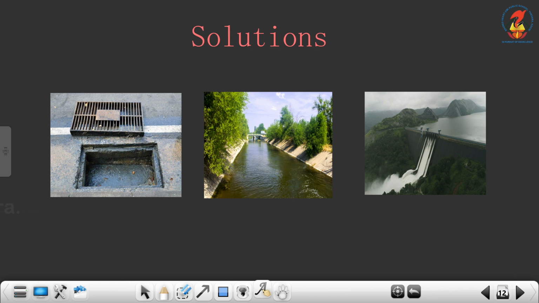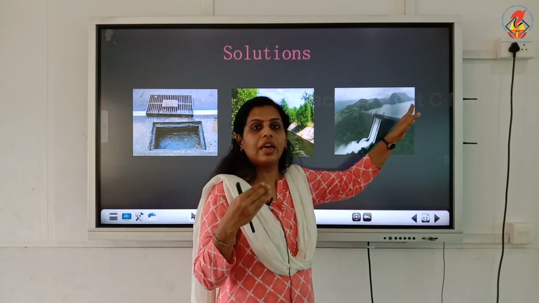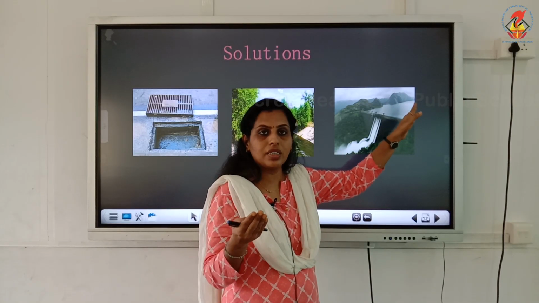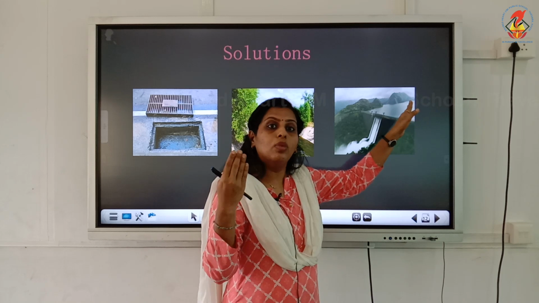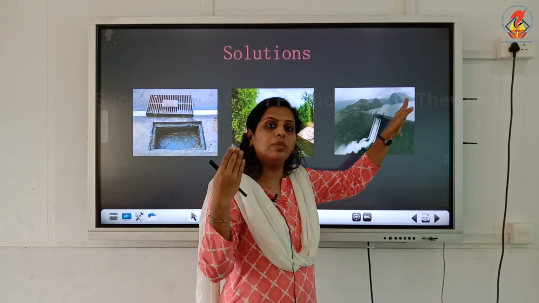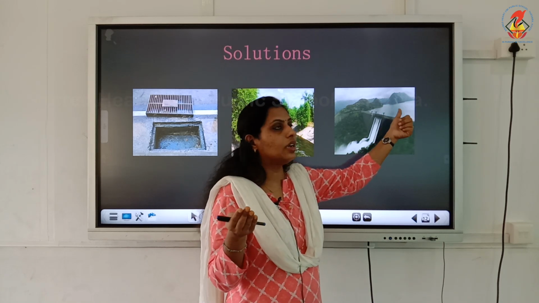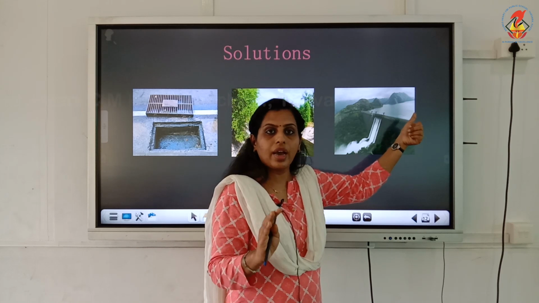It's actually an artificial lake which has been blocked by a strong wall. You can see a strong wall here, and this river is blocked here and forms an artificial lake. So when the level of the river rises, all the water above that level gets stored in the dam.